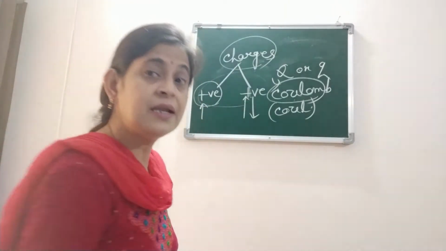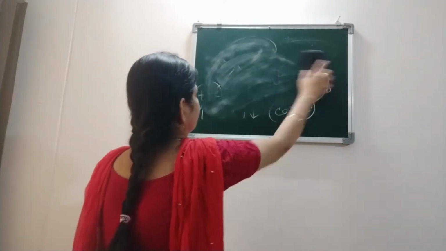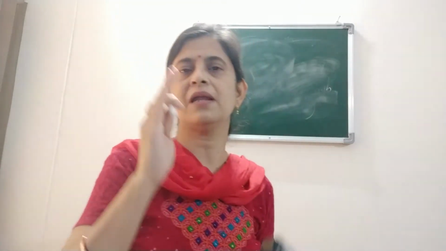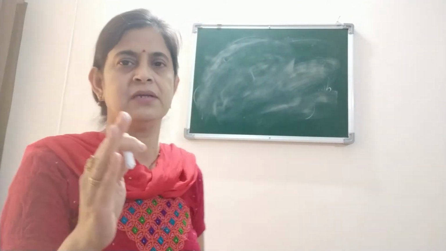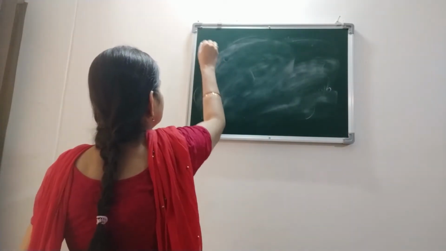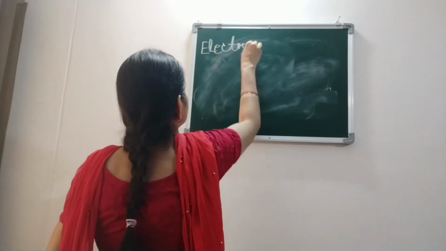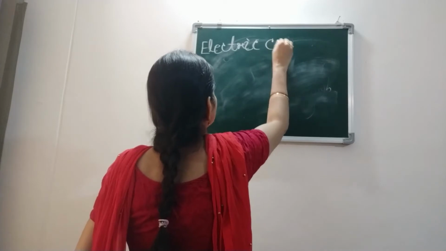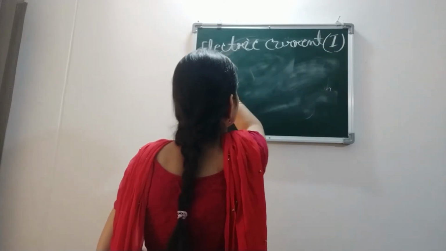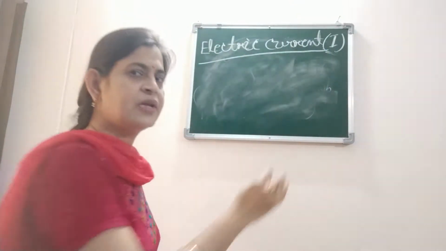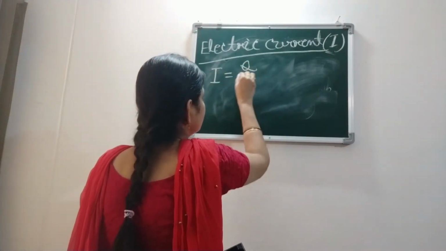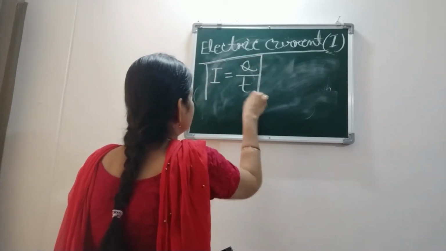Now, what is electric current? Already you have studied in classes 6th, 7th, 8th and 9th about electric current. So, electric current, which is denoted by the symbol I. Now, we can define electric current I is equal to Q divided by T. What does it mean?